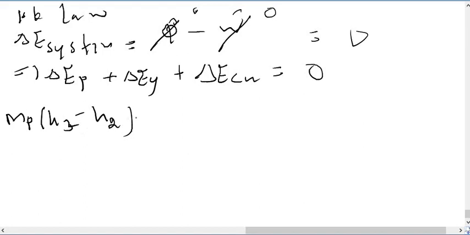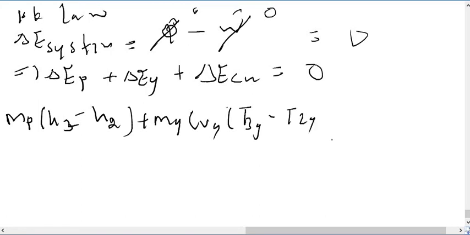Yes. So now what of for gas? We don't have kinetic and potential energy of gas. We only have internal energy. So we have mass of the gas, specific heat capacity of the gas, into temperature 3 of the gas minus the temperature 2 of the gas, plus the mass of copper, specific heat capacity of copper, into theta 3 of copper.